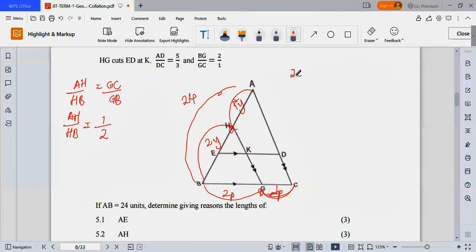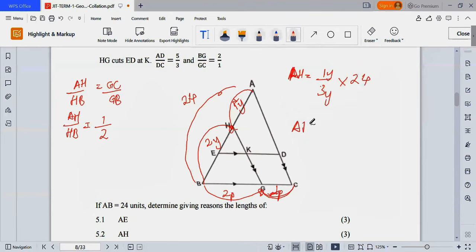So we're simply going to say AH is equal to 1 over 3, because the total of all the ratios is 3. So it's 1y plus 2y. So that's 1y over 3y multiplied by the total length of AB, which is 24.